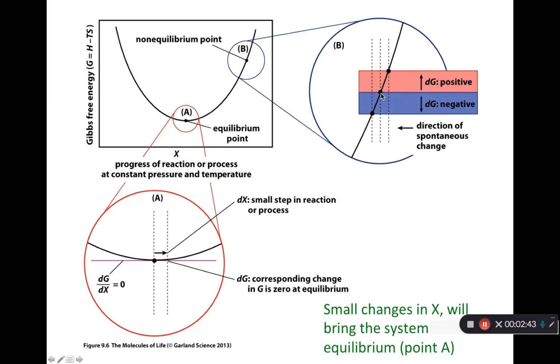On the other hand, if you come down, you'll be going from a higher value to a lower value, and therefore dG will be negative. And this is the direction of spontaneous change because it brings you closer to equilibrium at point A.